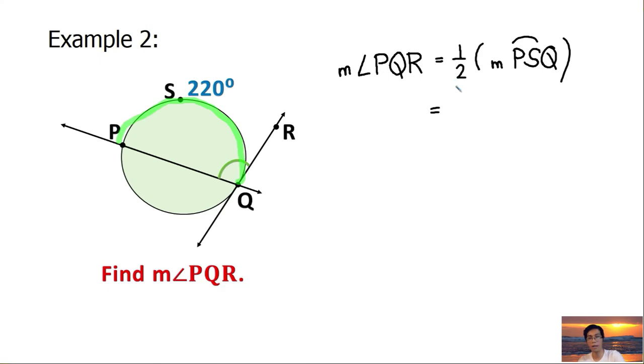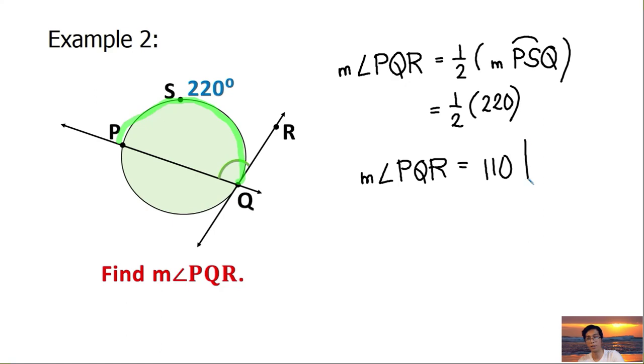Binigay na po si PSQ. Ang PSQ natin is 220. So, 1/2 of 220. So, the measure of angle PQR is equal to 1/2 of 220 is, of course, 110. So, this is our answer. Ayan. So, sana ay clear sa inyo yung ating second example. So, angle po ang nawawala dito, no?